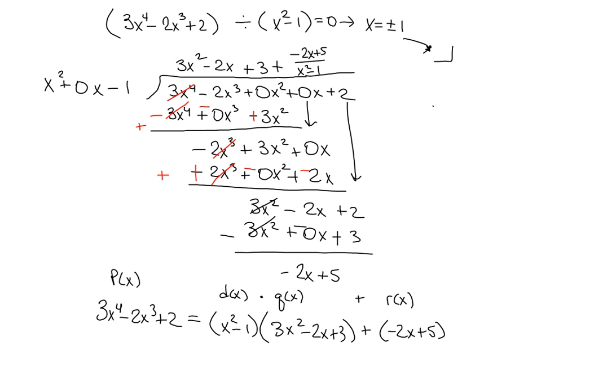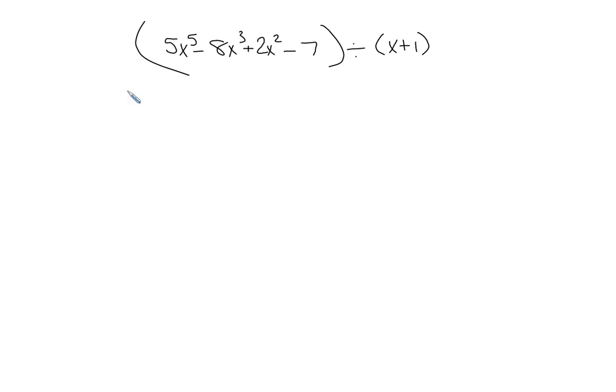Any questions about those? Now remember, guys, that if you are missing things, so for example, if you're doing 5x to the 5th minus 8x cubed plus 2x squared minus 7 divided by x plus 1, this is what your synthetic division needs to look like.